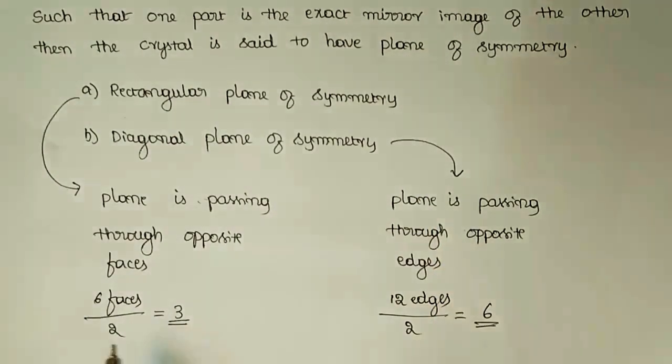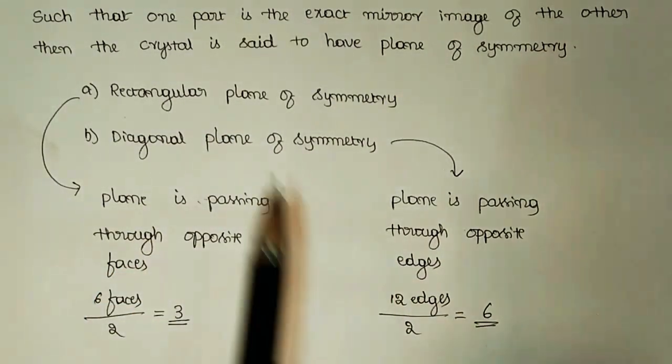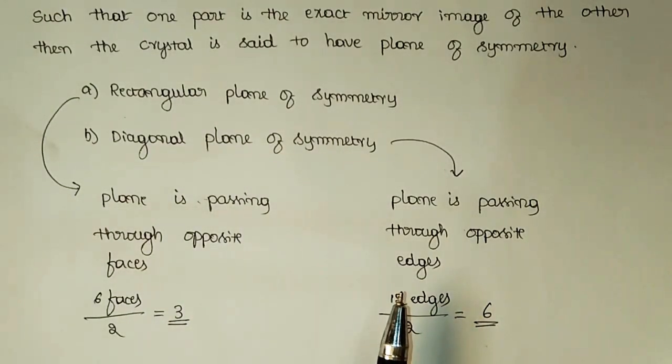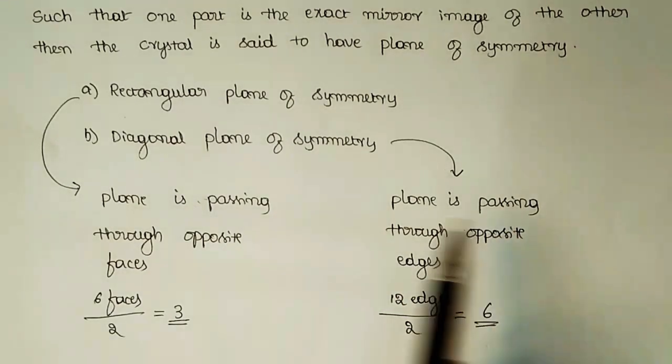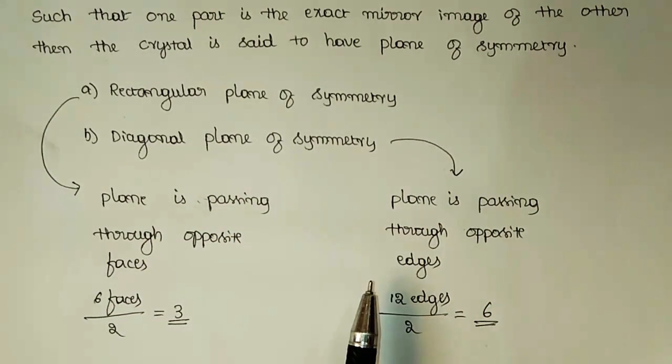So as a whole, we will be having 3 rectangular planes of symmetries and 6 diagonal planes of symmetries. As a total, there are 9 planes of symmetries present in a cubic crystal. And now we shall see how these 6 diagonal planes of symmetries are there in a cubic crystal. Here are the 6 diagonal planes of symmetries.